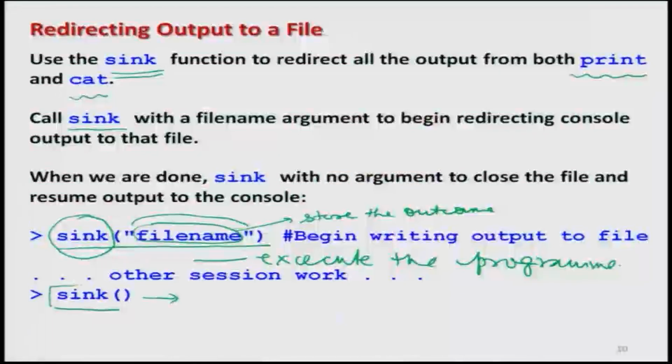But once I have done my job, if I give sink with no arguments, then again I am informing the R software, now please stop giving the outcome of the program inside the file, and show the outcome only on the R console, that is on the screen.